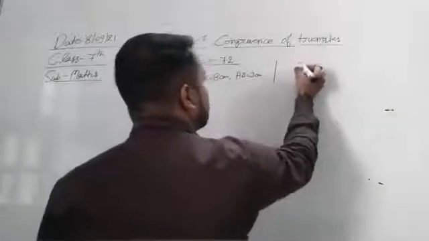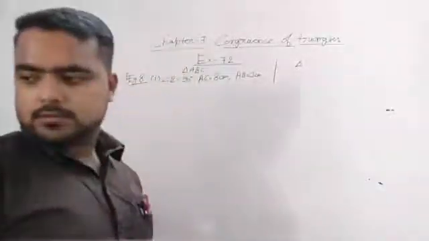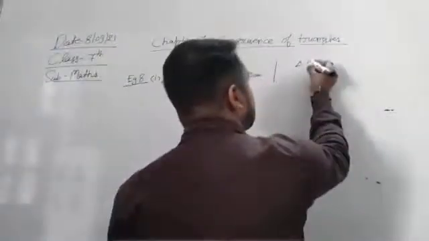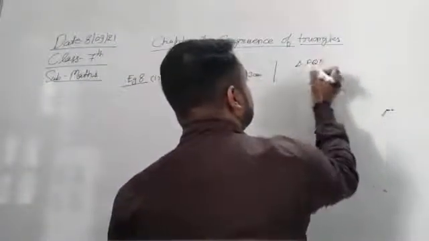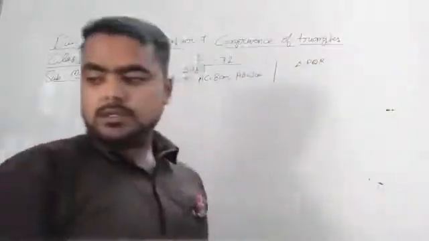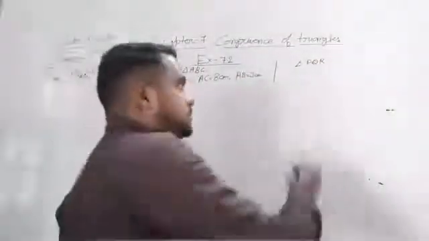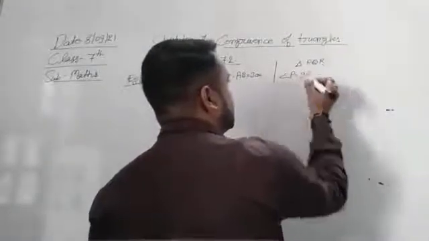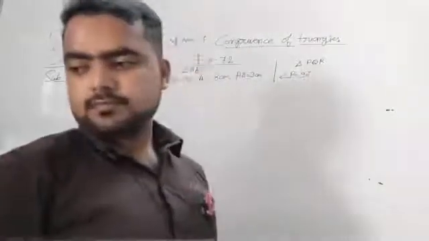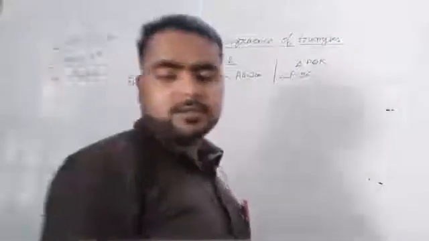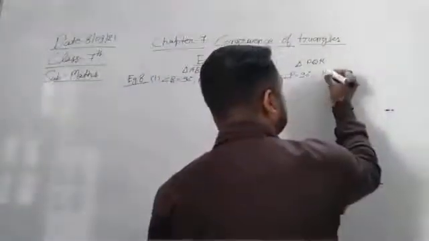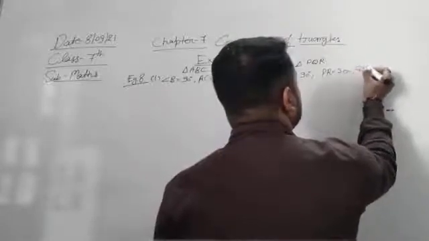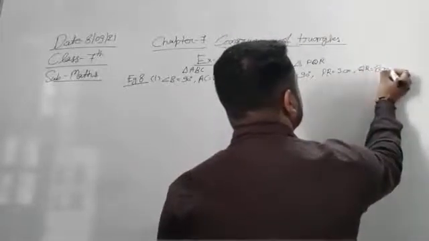And in triangle PQR, angle P equals to 90 degree, PR is 3 centimeter and QR is 8 centimeter.